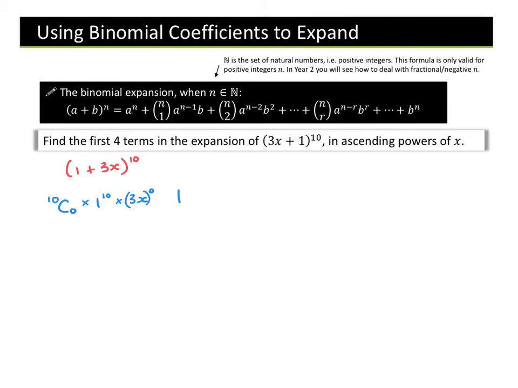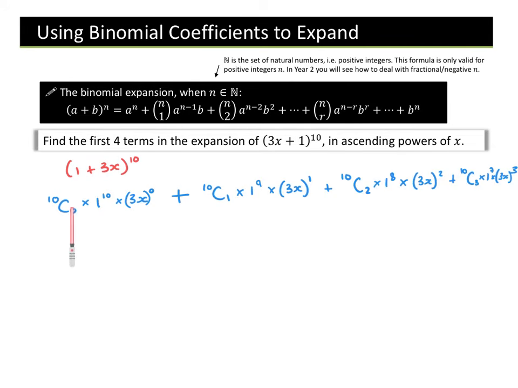Second term, plus 10 choose 1 multiplied by 1 to the power of 9 multiplied by 3x to the power of 1. Next one, plus 10c2, 1 to the power of 8 multiplied by 3x all squared, plus 10c3 multiplied by 1 to the power of 7 times 3x all cubed.